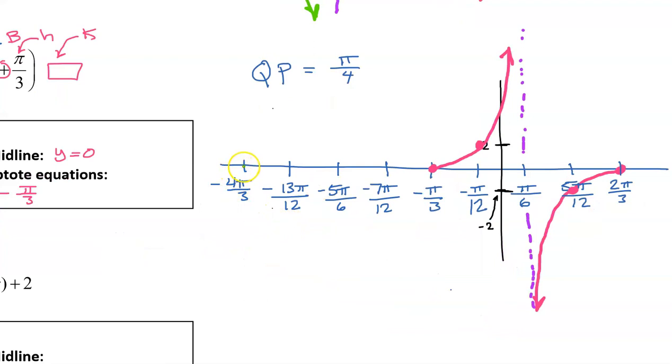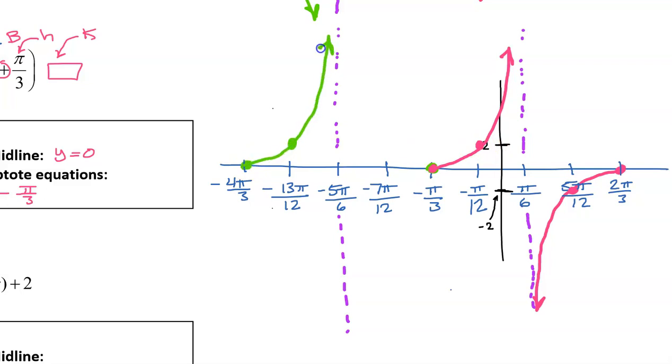Remember that the tangent function begins and ends on the midline, and there will be a vertical asymptote right down the middle. This is in my way. There will be a vertical asymptote right down the middle. The tangent function is always increasing, so I'm going to need a point right here at the a value, and the function will increase as it approaches the asymptote.